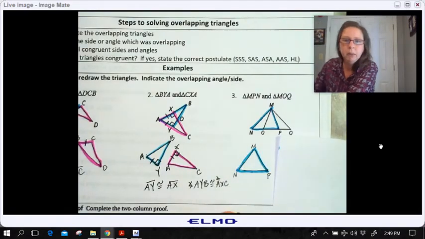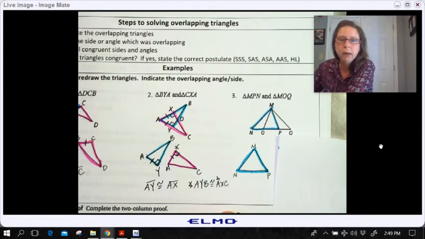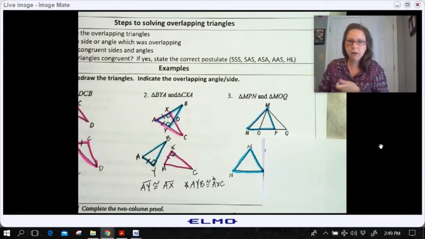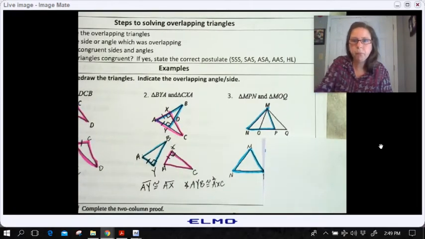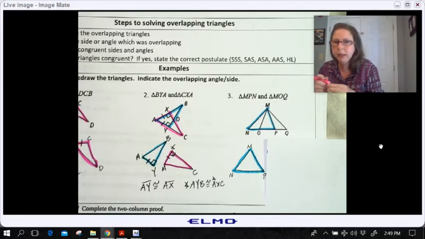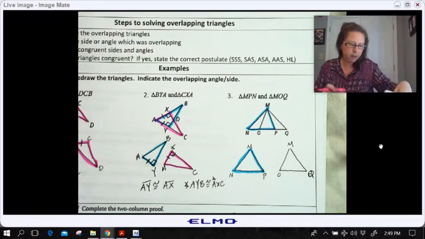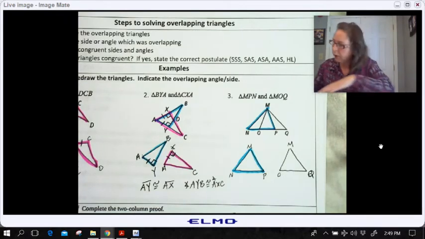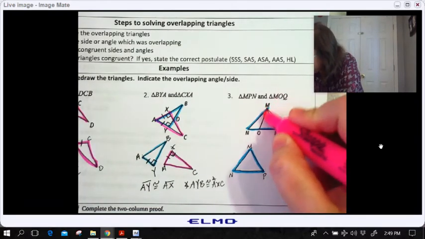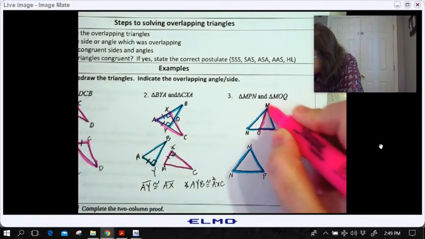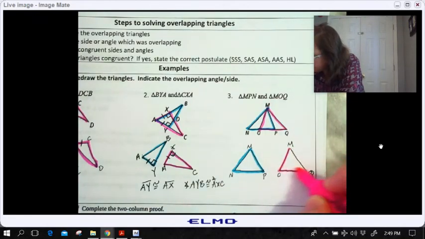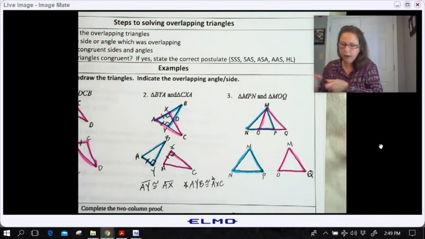And I already labeled the letters, okay? Now let's look at our second one, MOQ. And so there, I went ahead and drew that out, okay? MOQ. And so that is my second triangle.